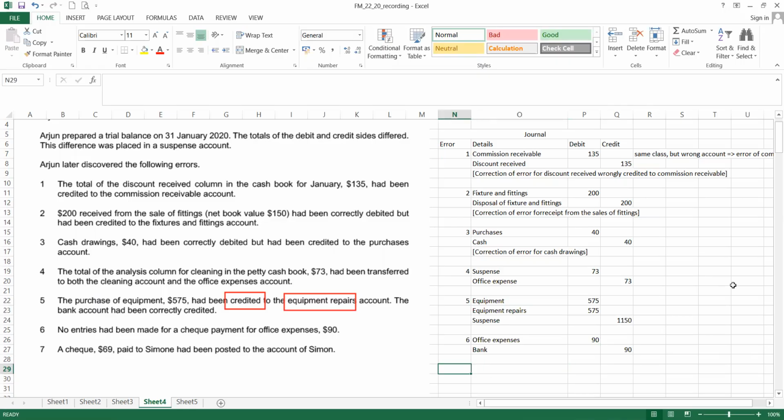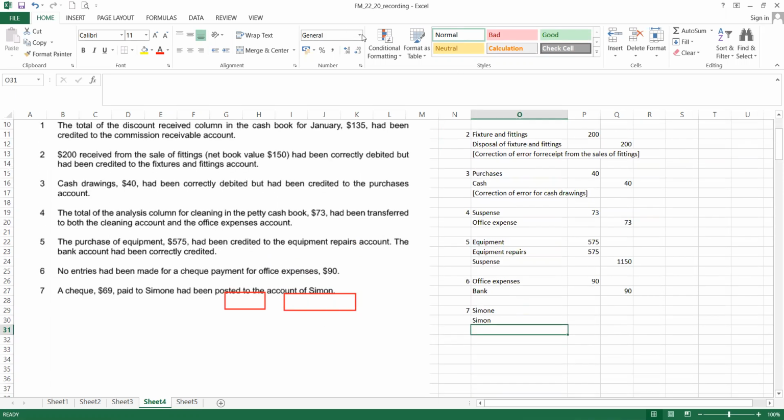Next is 7. A cheque of 69 paid to Simon has been posted to the account of Simon. So paid to Simon, but we went and put in Simon. So Simon should be the one receiving it. Simon is the wrong account. So we have to reverse out the Simon account.